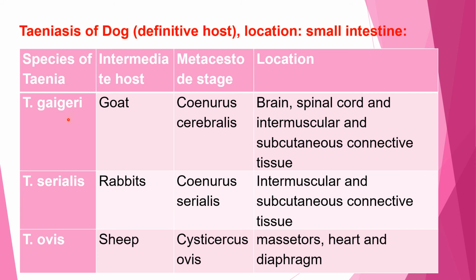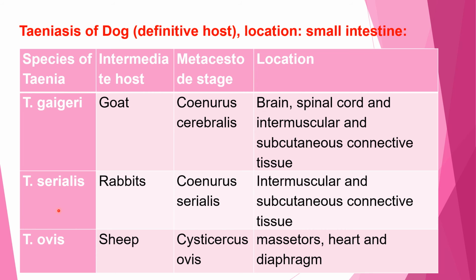There are other species of Taenia. Taenia gaigeri, intermediate host goat, name is Coenurus cerebralis. The cyst is located in the brain, spinal cord, and intramuscular and subcutaneous connective tissue in other parts of the body too.